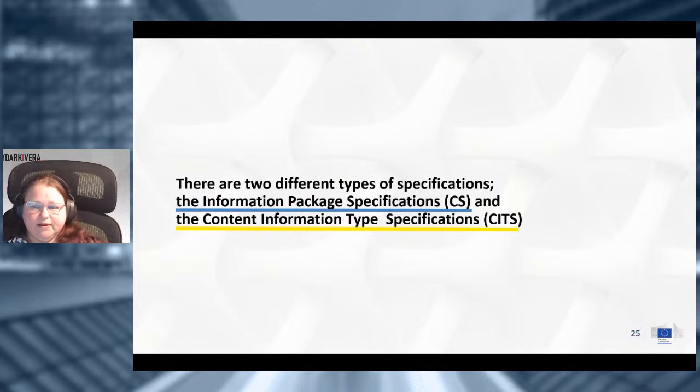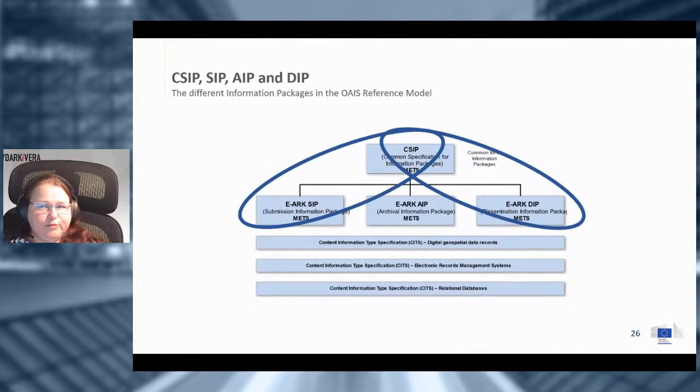So as I've already said, living in acronym land, we have the information package specifications, abbreviated IPS, and we have the content information type specifications, the CITS. The information package, that's the overall building thing. It's my shopping bag, my grocery bag.